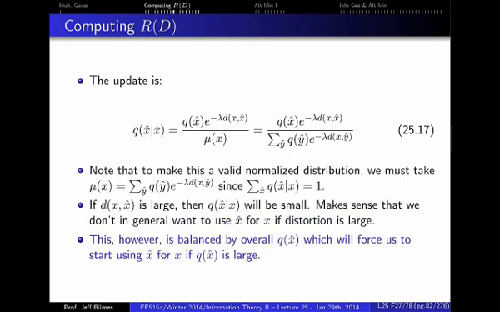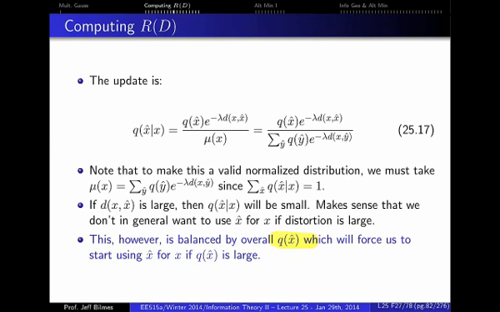But on the other hand, this is balanced by q hat, and it's saying that, well, if q hat is marginally necessary, if q of x hat is something that's always needed, what I mean by that is that if this is big, it sort of forces you to use it, right?